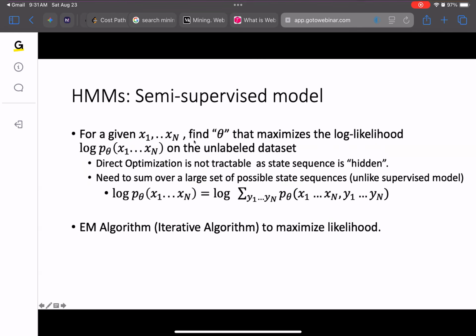Direct optimization is not possible as the state sequence is hidden, which leads to summing over all possible state sequences. In order to address this problem, we use the EM approach to iteratively estimate the parameters which maximize the likelihood of the data.